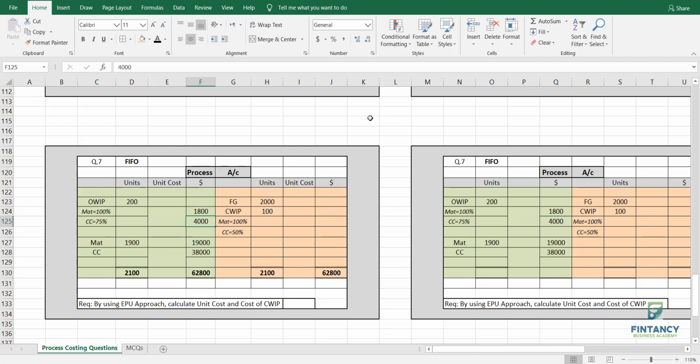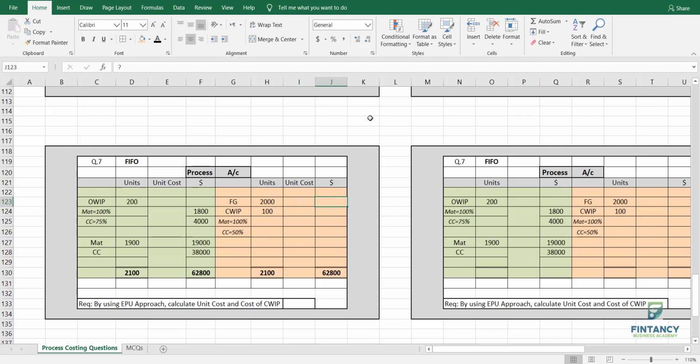Next paragraph. During the month, material was added 1900 units at a cost of 19,000 and CC was 38,000. Full stop. Finished goods during the month are 2000 and the units still under process at the end of the month are 100, which are 100% complete as per material and 50% complete as per conversion cost. Full stop. Requirement. Calculate unit cost.